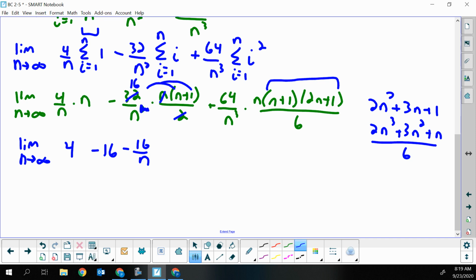Well, then, if we divide them each by 6, this is going to be n cubed over 3 plus n squared over 2 plus n over 6.